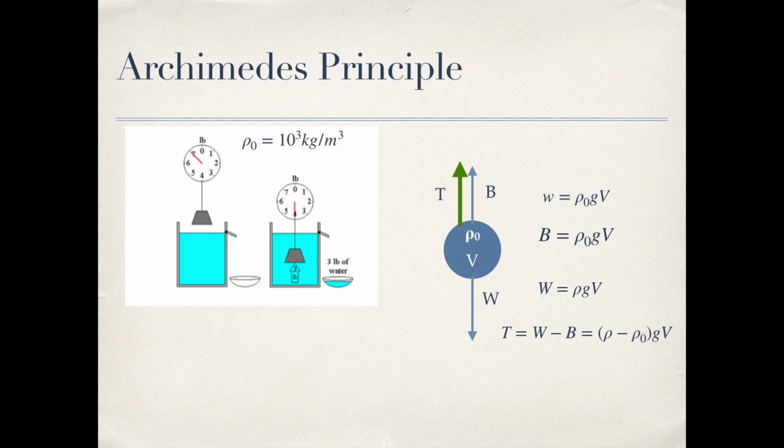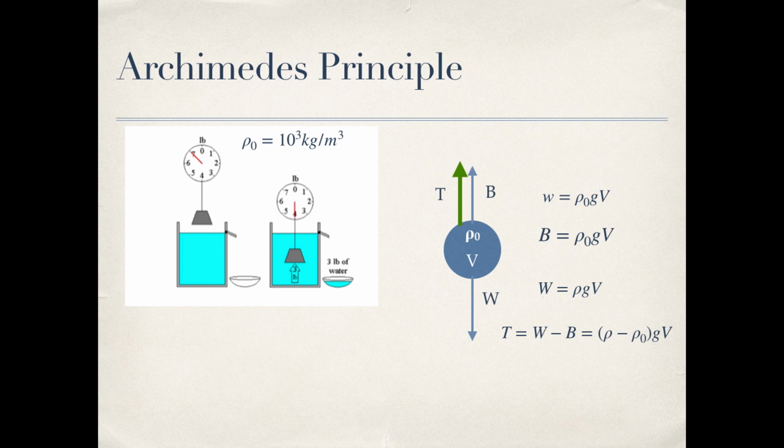So now the traction is a difference between these two forces, and this is the proper expression. This is also confusing because here should be rho zero, and this should be rho, not rho zero. I'm terribly sorry, but I don't know how to correct it.